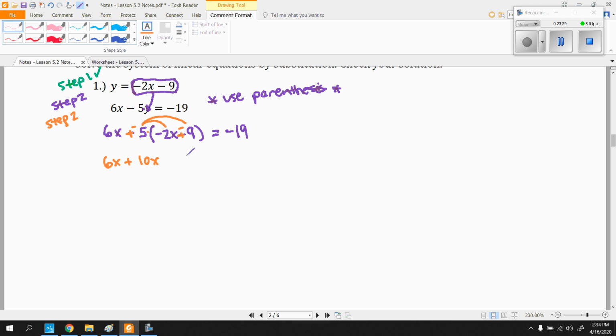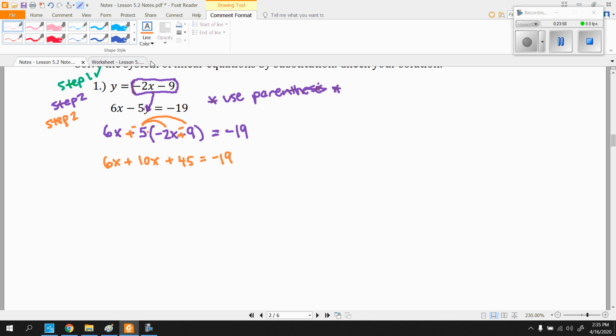I've got one more distributive to do, so I'm going to copy down this plus right here, and then go negative 5 times negative 9, which is positive 45. And then I didn't do anything else with this, equals negative 19. So that's going to be your first move, is get rid of those parentheses using the distributive property. I kind of picked a tough one here to start with, but I guess why not? We got to do it at some point.